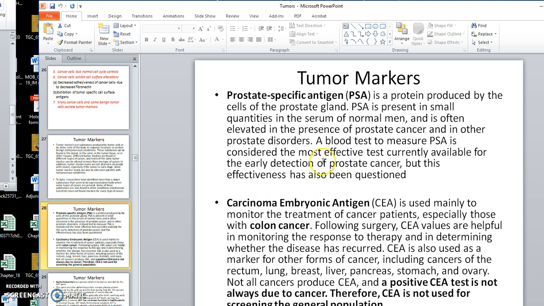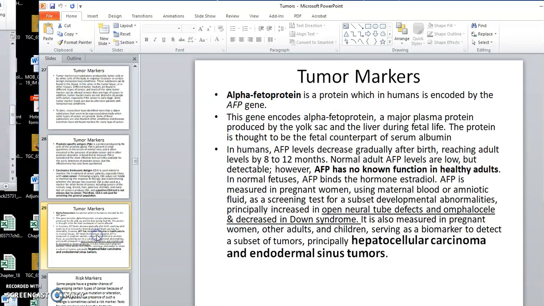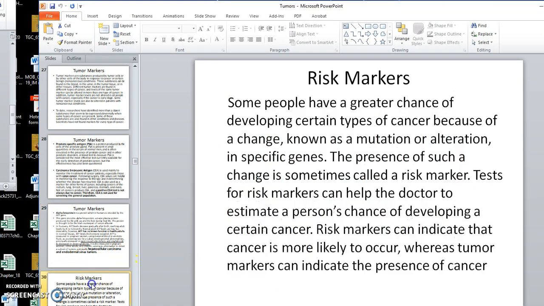Like for prostate cancer, we draw this PSA in males. Even when the prostate cancer is small, you may have an elevation in this. This is another one, CEA, which can sometimes increase in colon cancer. Now, that doesn't always mean you have colon cancer. It's indicative. Even with this, if it's up, it does not always mean you have that, but at least it makes the physician, the clinician, check and do very detailed studies. Alpha-fetoprotein or others. So I'm just showing you a few.